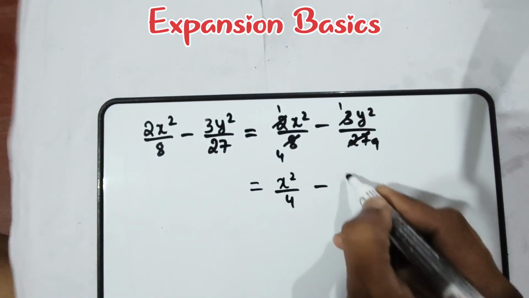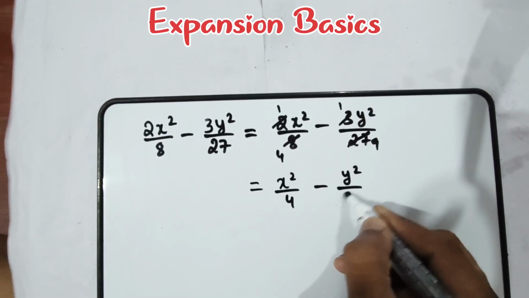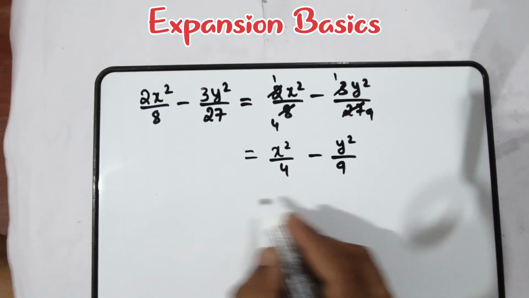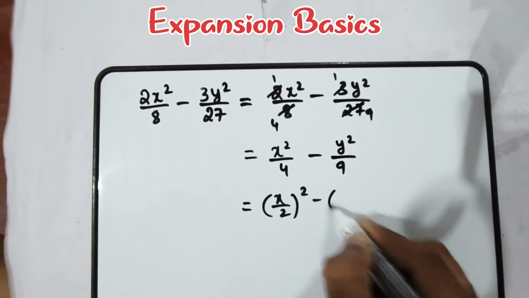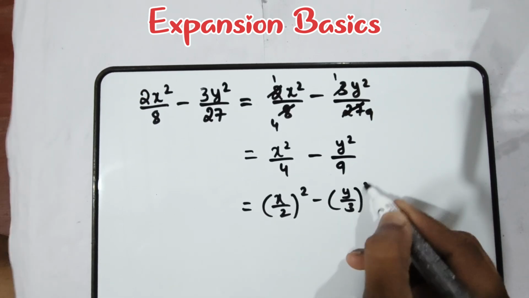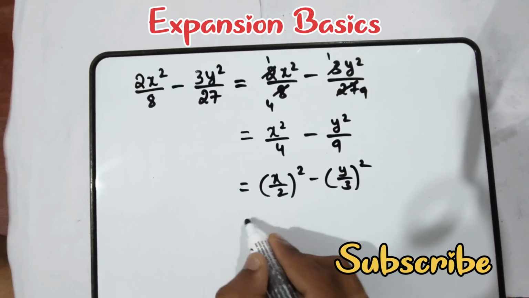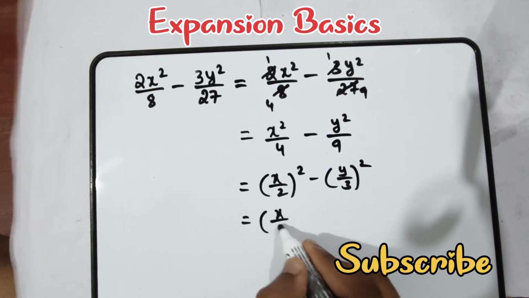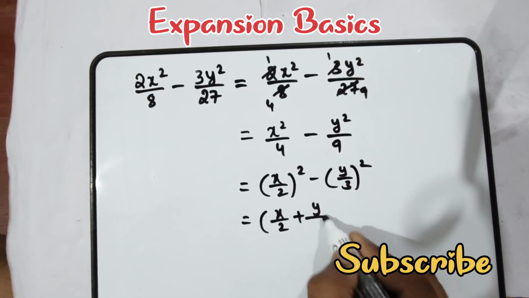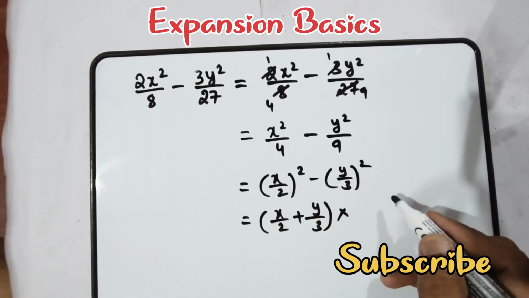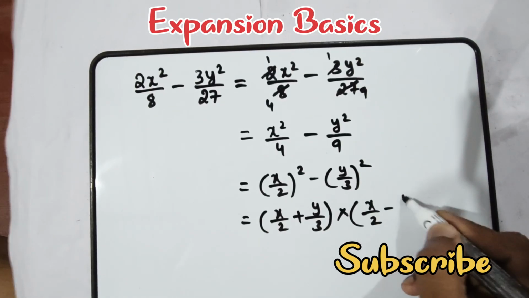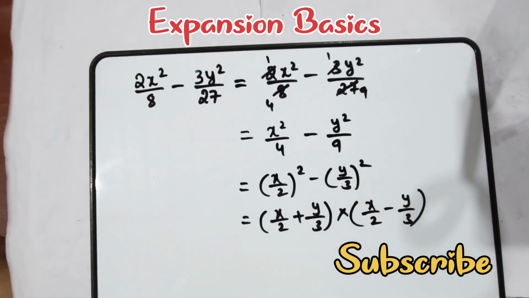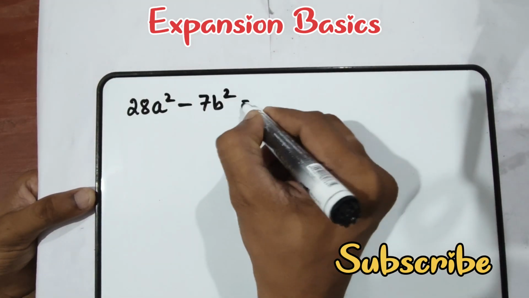So it is x square by 4 minus y square by 9. I'll write this as x by 2 whole square minus y by 3 whole square. This is a square minus b square: x by 2 plus y by 3 into x by 2 minus y by 3. So this is how we solved some questions on a square minus b square.